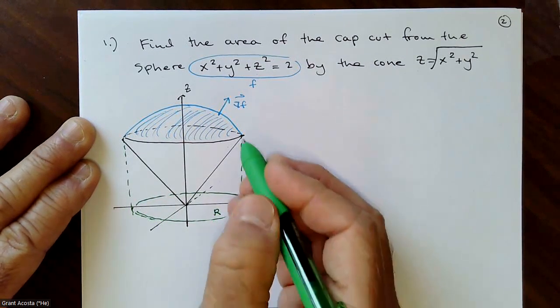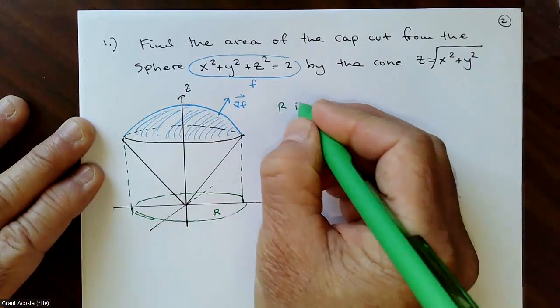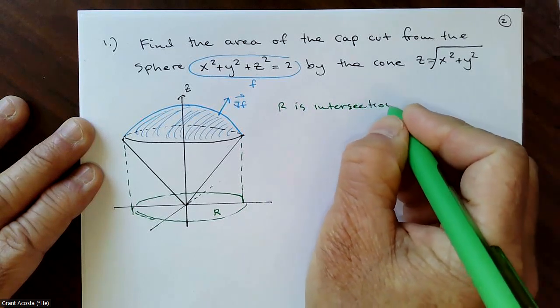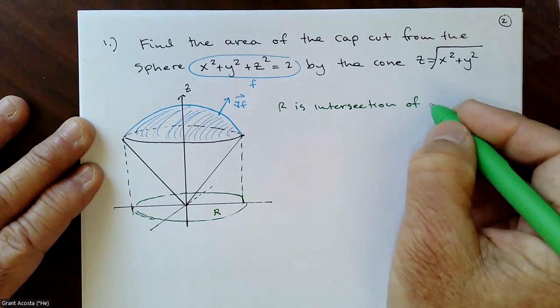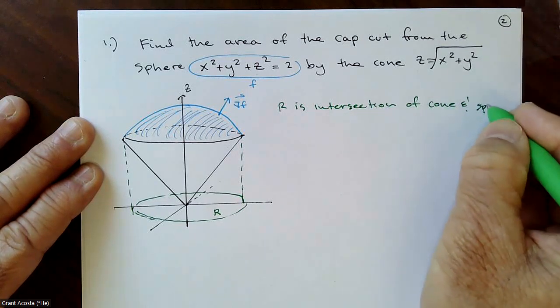Now, how do I find that? Notice that R is the intersection of my cone and the sphere.